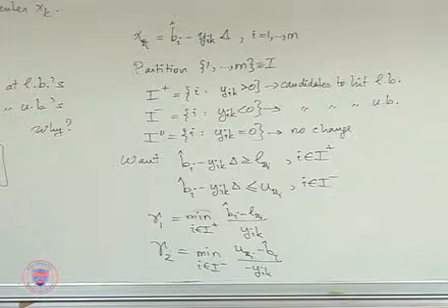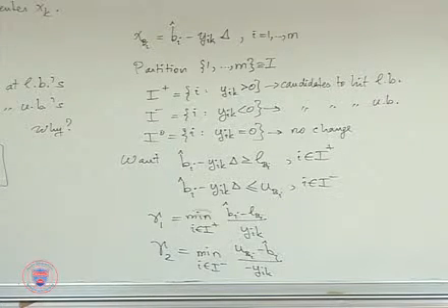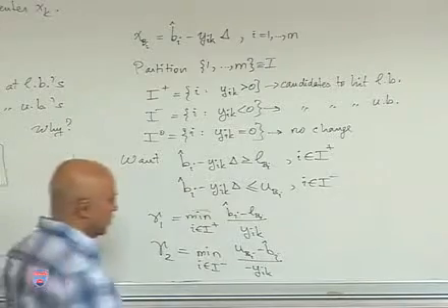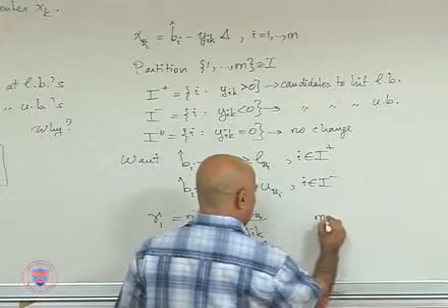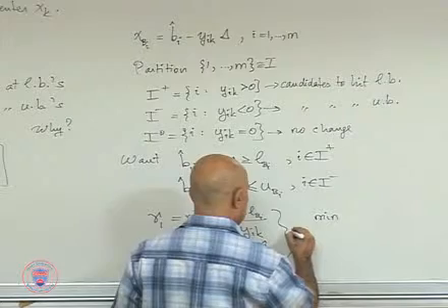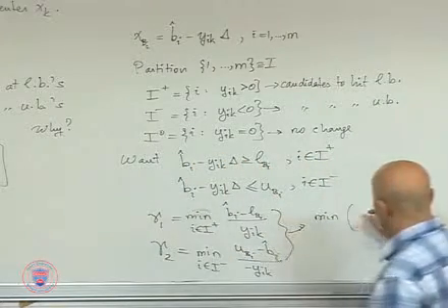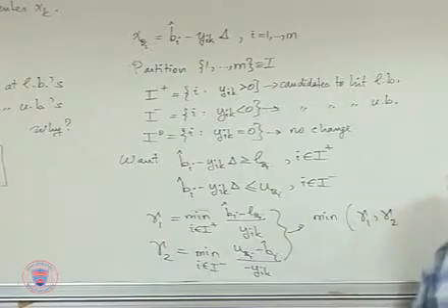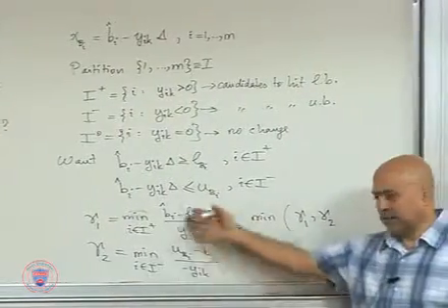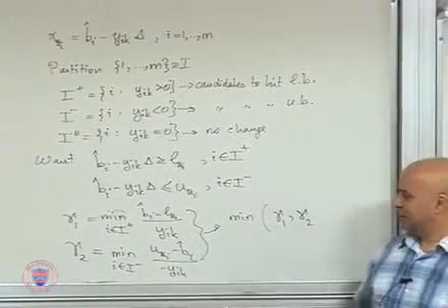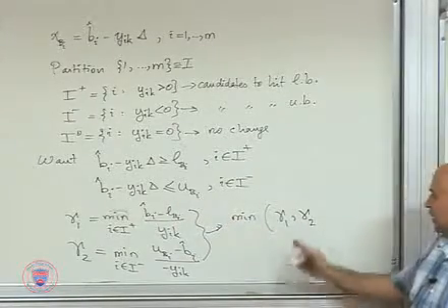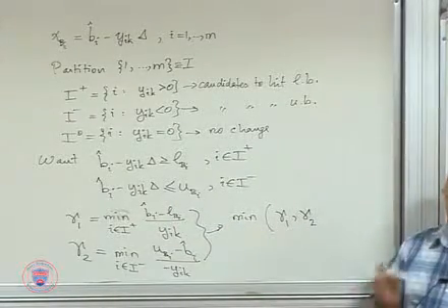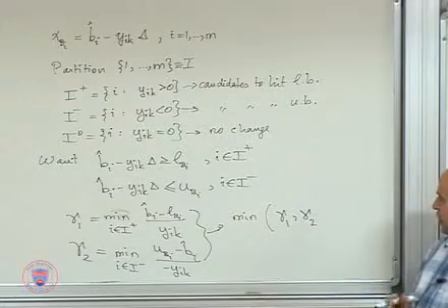So you compute those ratios, and then you choose the minimum of either gamma 1 or gamma 2. Whichever one is the smallest, that's how much you can change your delta.